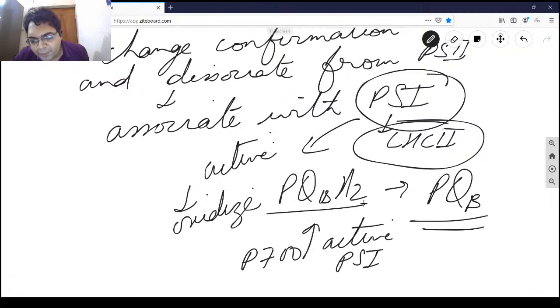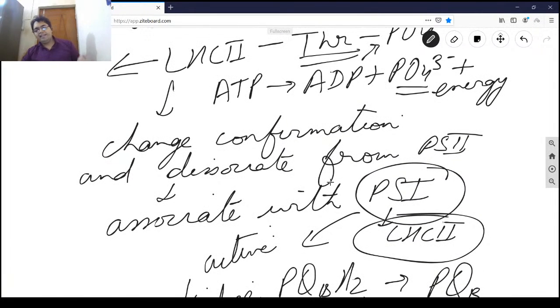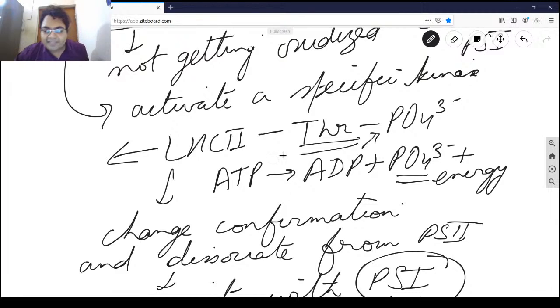Now what will happen? The PQH2 level will go down. PQ is too much, PQH2 is lesser. So who will activate the kinase? Nobody. When the PQH2 concentration is lesser, this kinase cannot be activated, then LHC2 will become dephosphorylated, and again PS2 will become activated. So this cycle keeps on going, this way, that way.